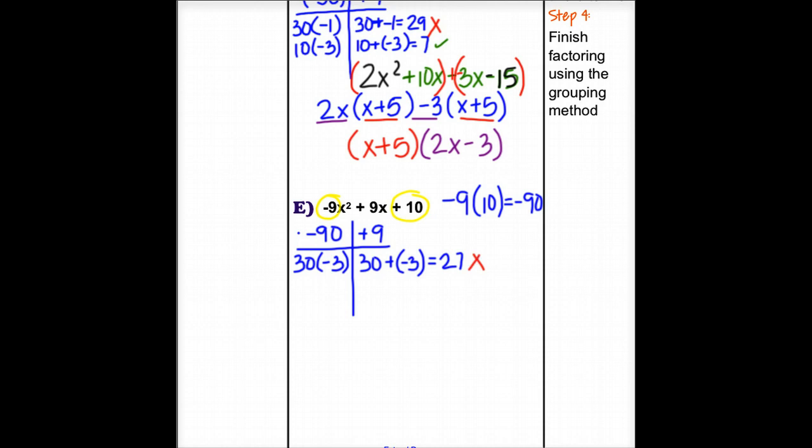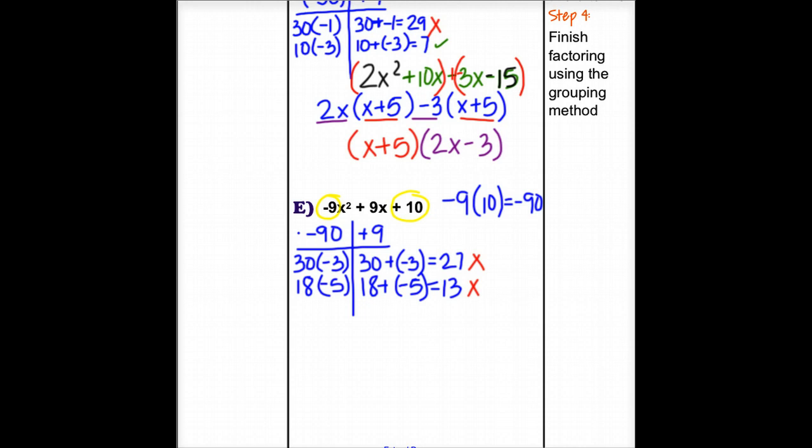And I know that 5, so we'll do negative 5, and if I take negative 5 times 18, I get negative 90, and 18 plus negative 5 is 13. So we're a little bit closer, but still not quite where we want to, so we don't want to make a huge jump.